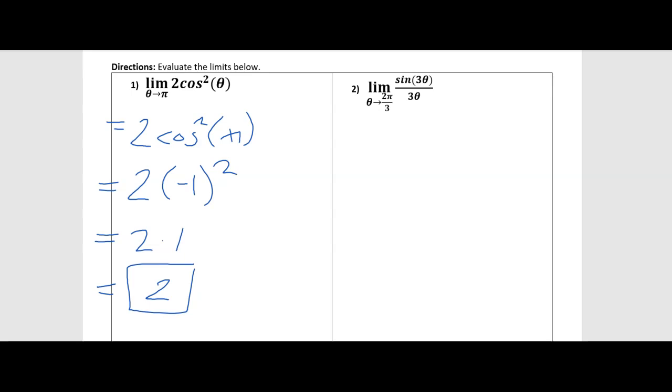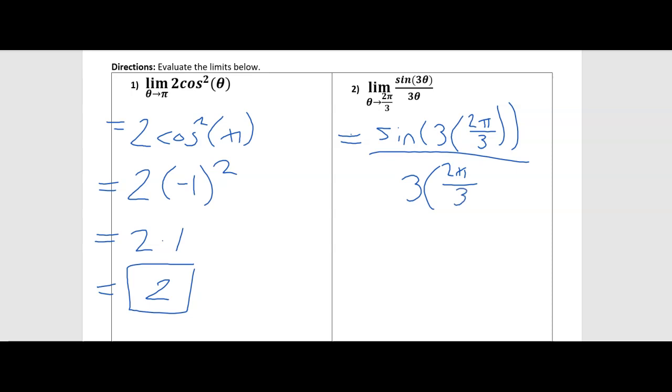But again, that all starts with substitution at the beginning. Fortunately, it does not look like we are going to get an indeterminate form here. It looks like we just have to simplify.